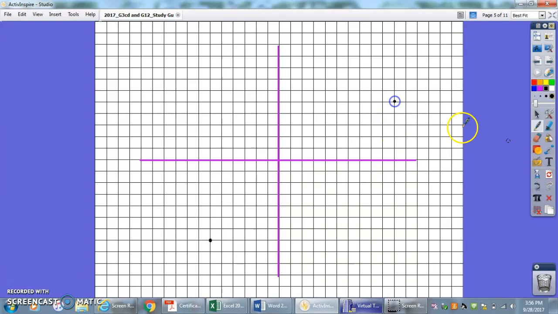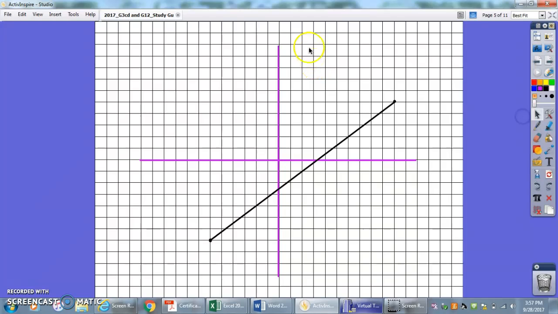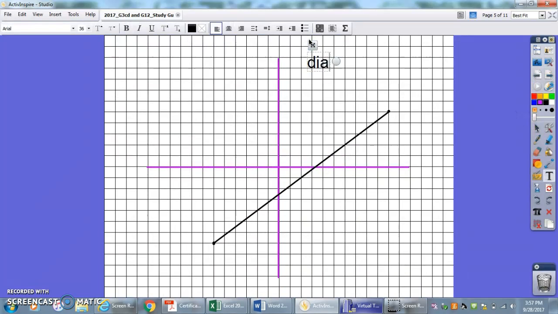Okay, perfect. Now you'd use a ruler. I'm going to use my tool on the computer to draw a straight line. Alright, so this is my diameter. So I'm going to write that real big right here. That's my diameter. Alright, so you've just graphed the diameter of a circle.